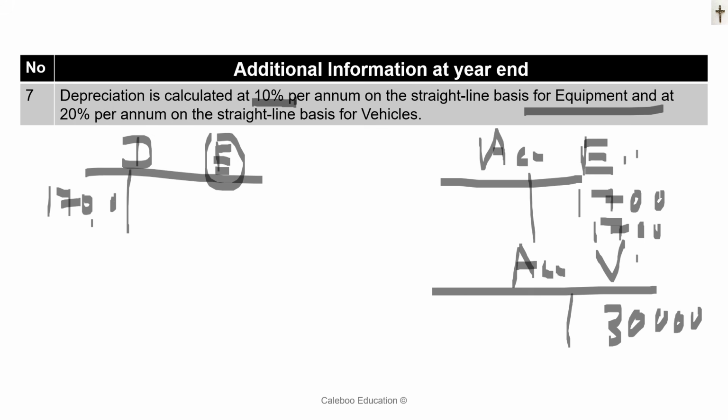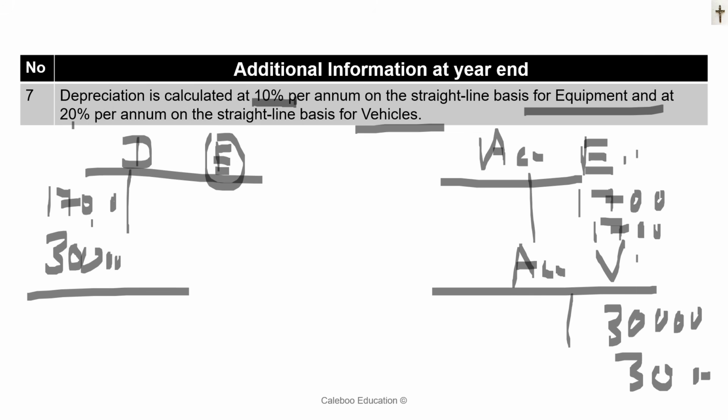Then we got 20%, and the cost price of vehicles is 150,000. So depreciation once again will be debited, and the accumulated depreciation on vehicles will be credited. So there's the depreciation movement and the accumulated depreciation movement for the current year.